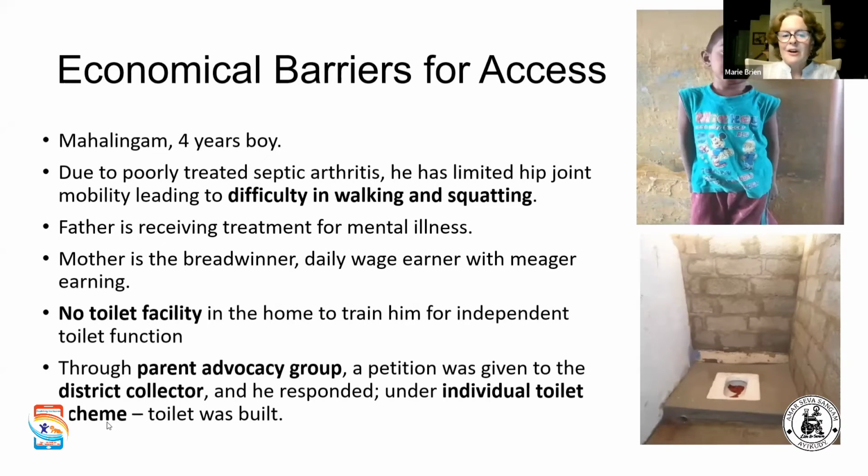These are examples of the steps taken to obtain funding under the toilet scheme, and the child has an accessible toilet that takes into account his difficulty in squatting, and we were able to develop independence in toileting for this child.